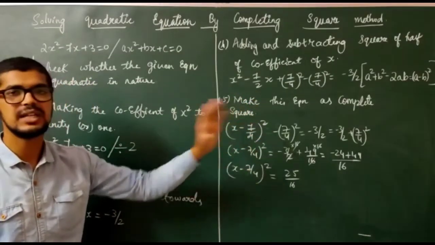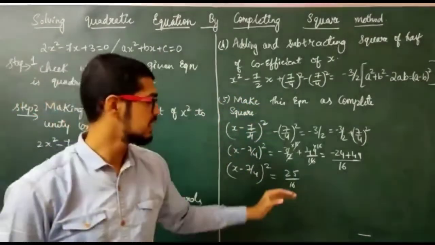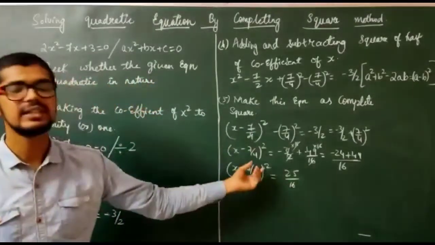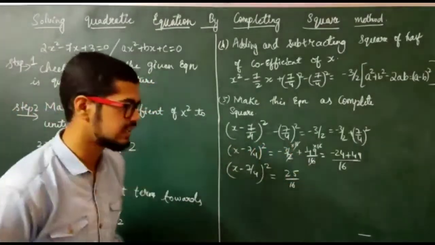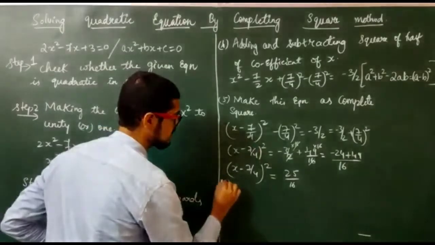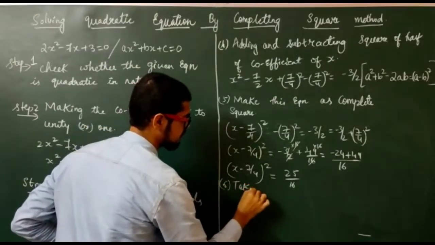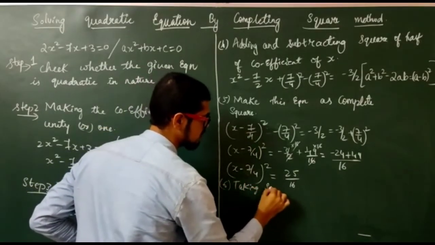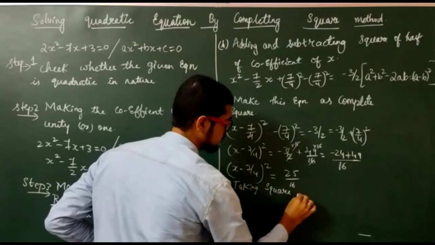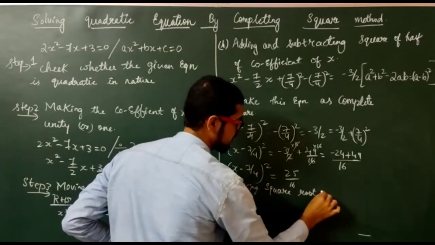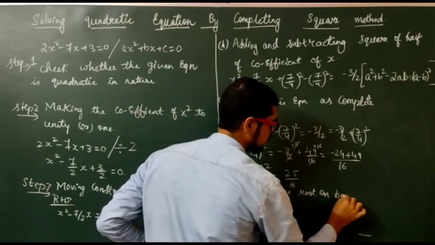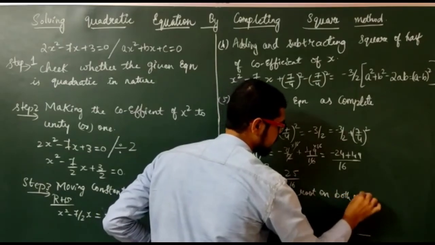After this, what is my last step? That is the sixth step. The last step is taking the square root on both the sides.